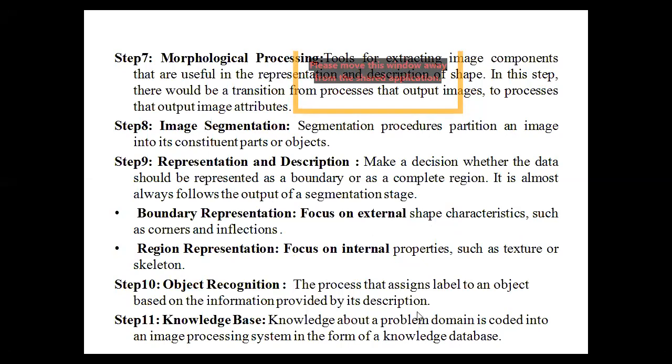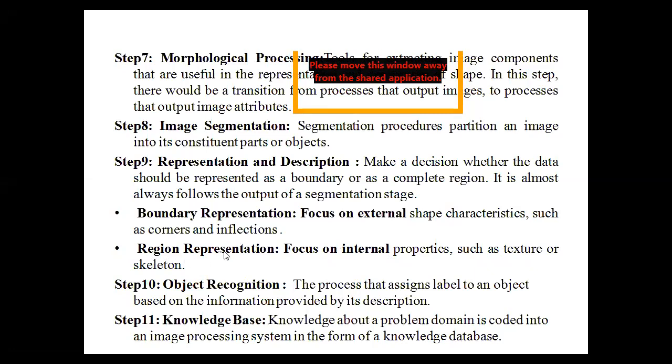Suppose there is this slide; if we take the corners, we get the external boundary representation. To know the internal representation, we need to know the total texture, the total font and everything. If you are taking any body, how do we know the shape of the body? By using the skeleton. So region representation means focus on internal properties such as texture or skeleton. Okay, this is about the representation and description.